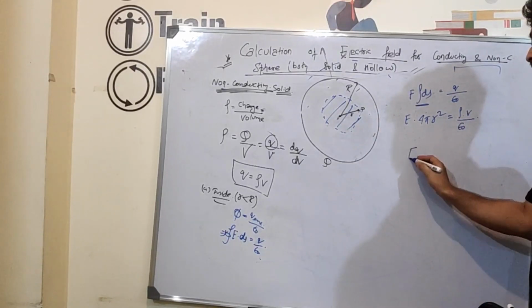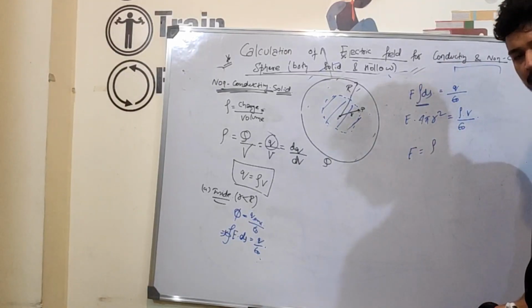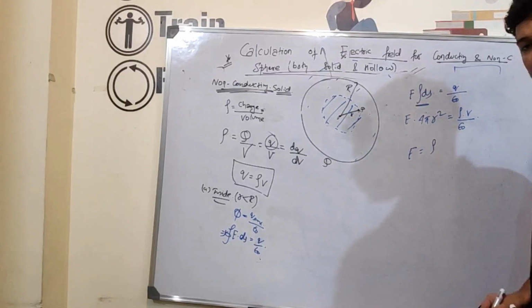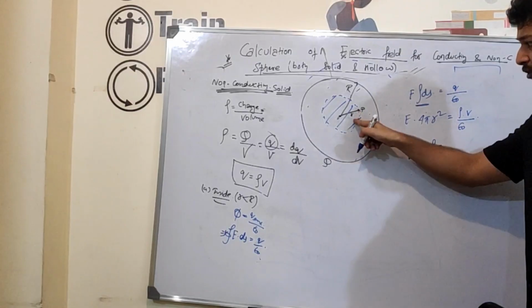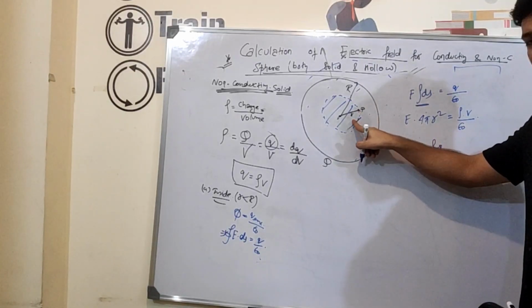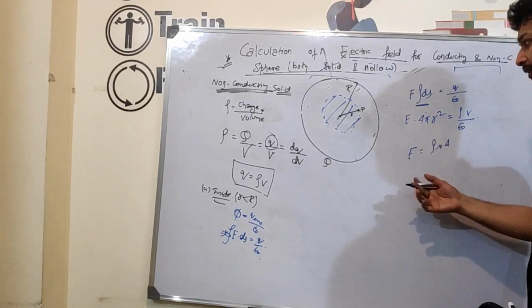So the value of electric field at an inside point will be coming out to be what? Rho, volume v. What is the value of volume v? Since the Gaussian sphere has a radius of r, its volume will be equal to what?